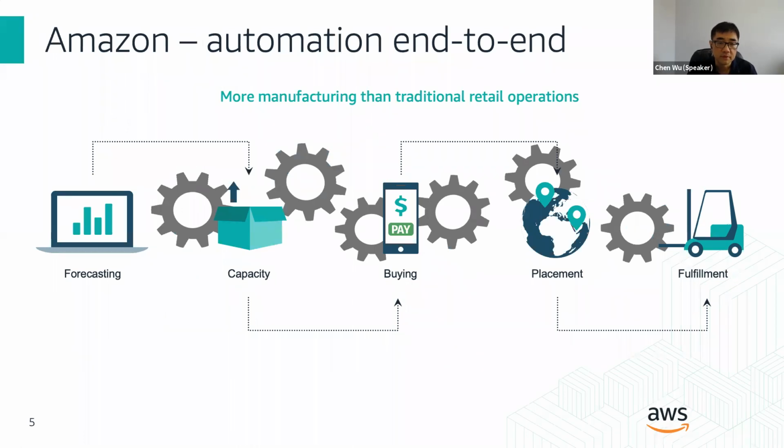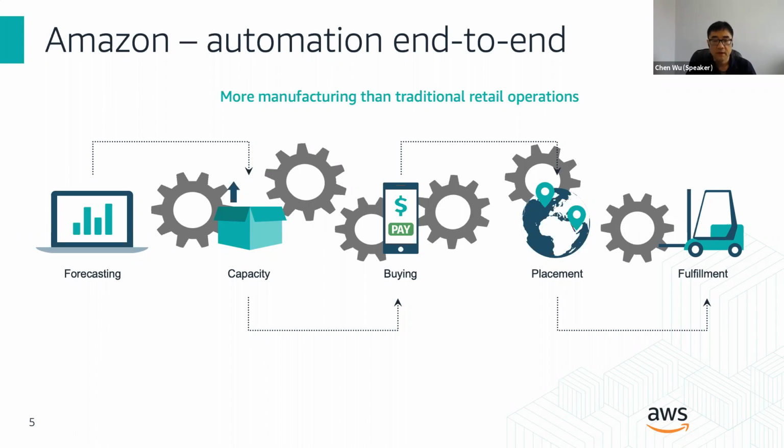Essentially, what we are trying to do is consider retail operations as manufacturing. So we are trying to automate and provide an end-to-end solution. This starts from forecasting, forecasting both demand and supply, and then everything is calculated, predicted and planned in advance through automation. This includes procurement, placement, and fulfillment.